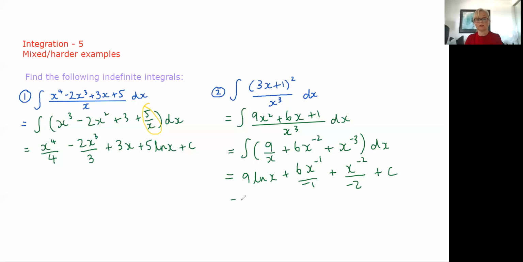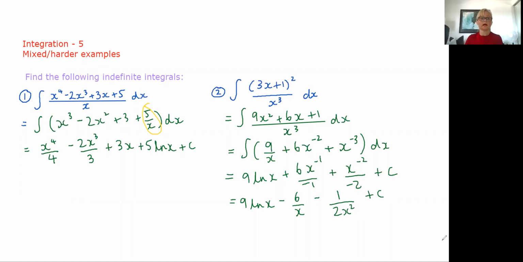And just tidying this up a little bit. x to the negative 1 is the same as having x on the denominator, so we're going to get minus 6 on x. x to the negative 2 is the same as having our x squared in the denominator, but we've also got a 2 in the denominator. And there we go for that one.